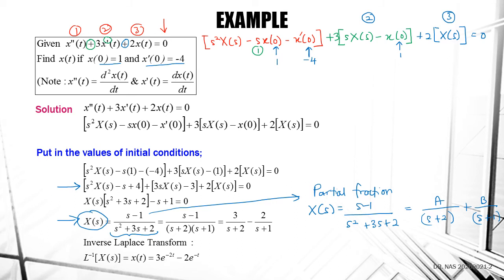Okay, so solve for a and b. Replace a and b inside the equation. Then perform inverse Laplace transform of Xs. Then you get the xt. So this is your xt.